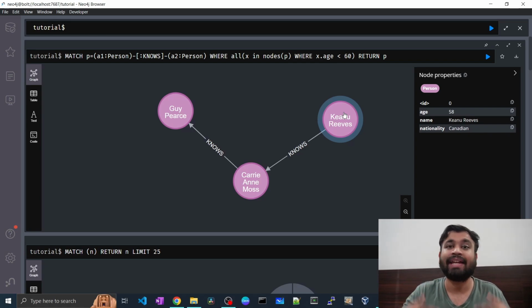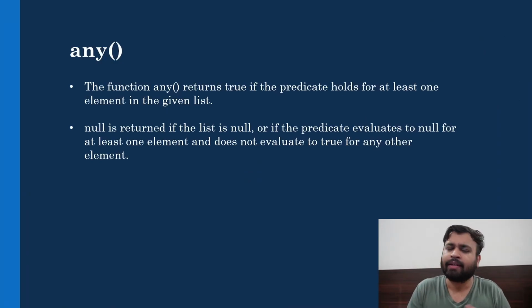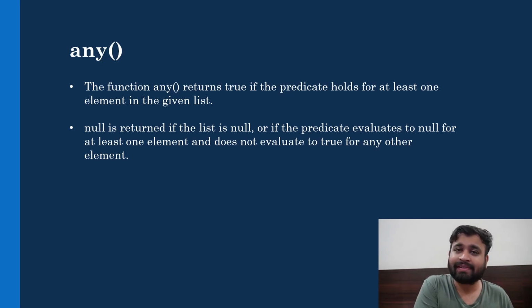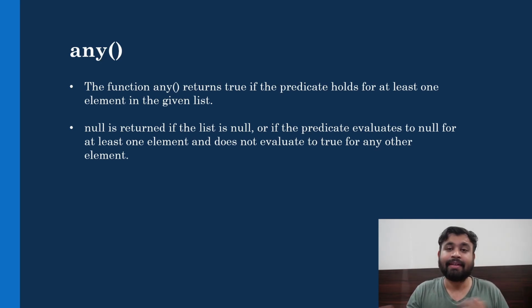Let's talk about the any function, which is kind of similar to all but with a few changes. For any, this will return true if the predicate holds for at least one of the elements in the given list. Let's say you have 10 persons, where 5 people have the age greater than 60 and 5 people have the age less than 60.